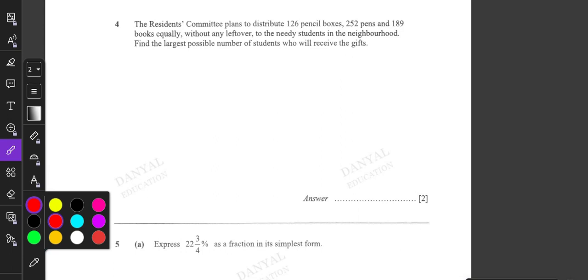Alright, for this one, you will need to estimate. They say plans to distribute 126 pencil boxes, 252 pens, 189 books.